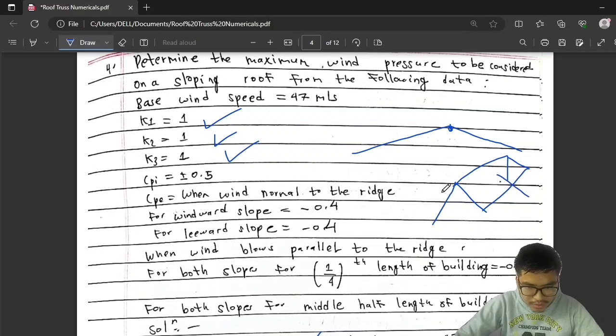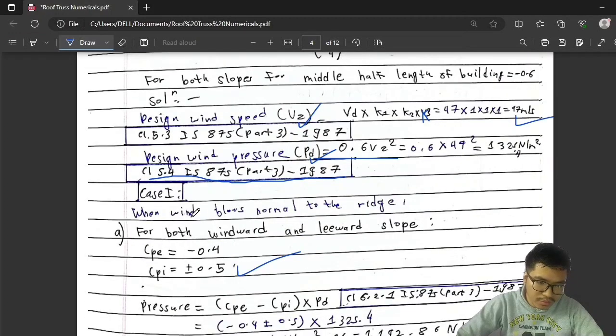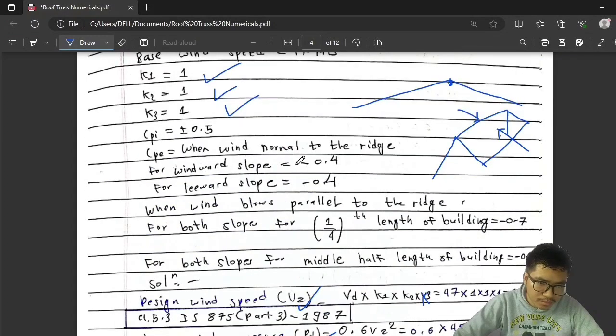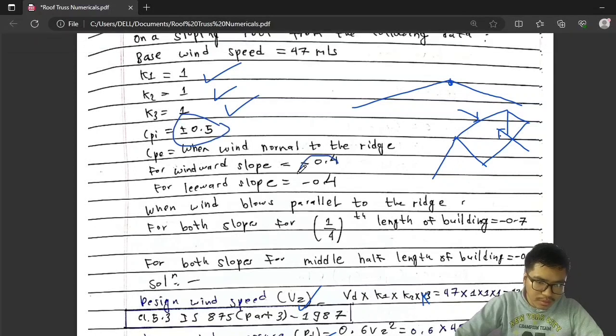If wind flows from this to this, it is called windward direction, and this direction is called leeward direction. For windward slope it is minus 0.4, and for leeward slope also it is minus 0.4. So in the first case, when wind blows normal to the ridge for both windward and leeward, Cpi is plus minus 0.5 and Cpe is minus 0.4.